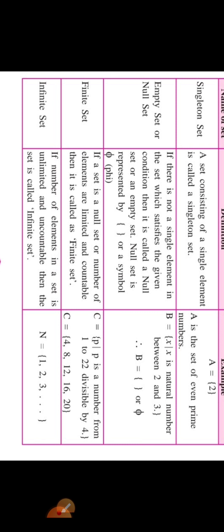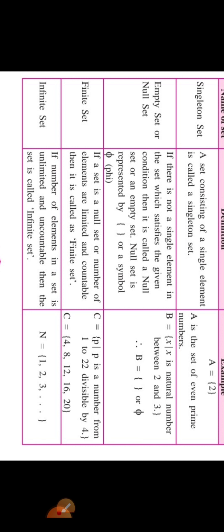For example, B is the set of x such that x is a natural number between 2 and 3. You will know there is no natural number between 2 and 3.